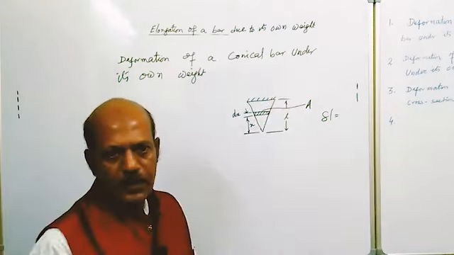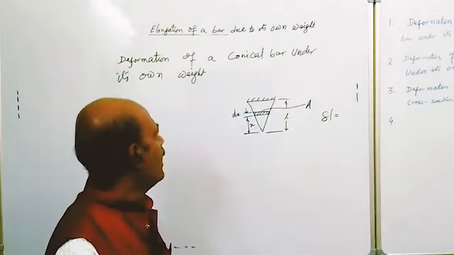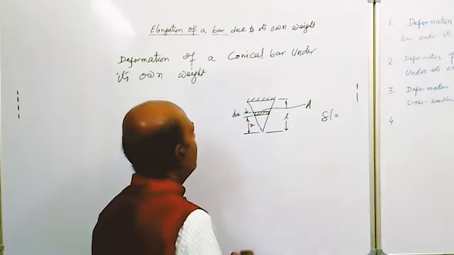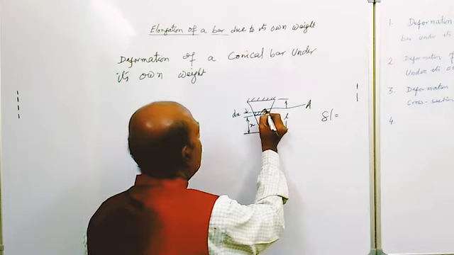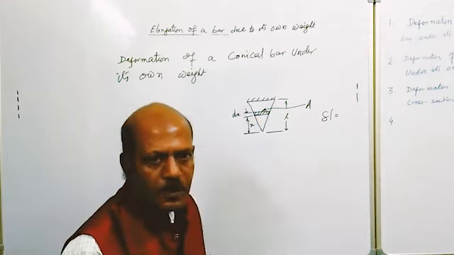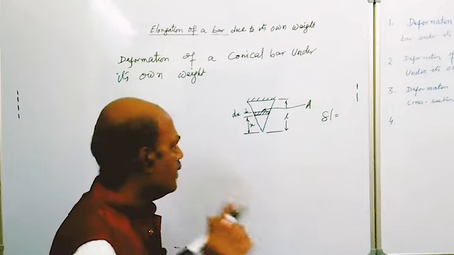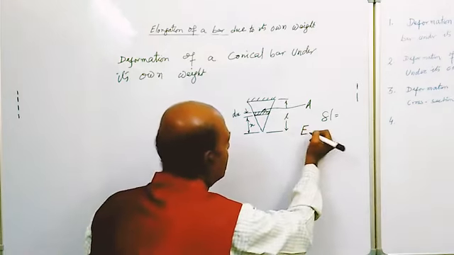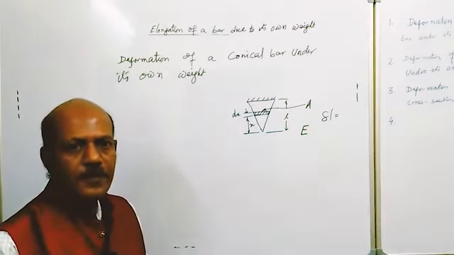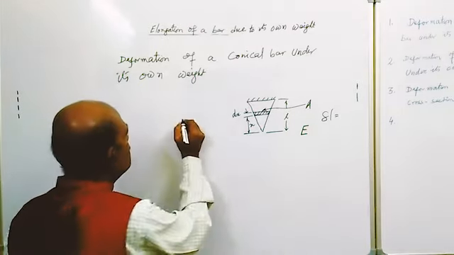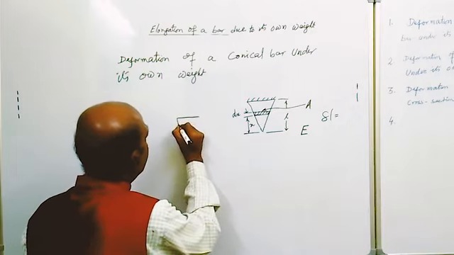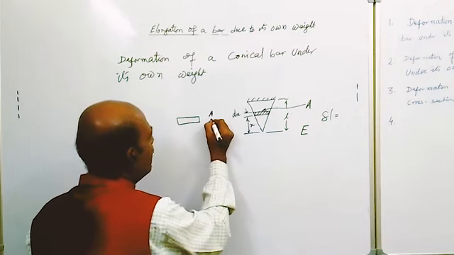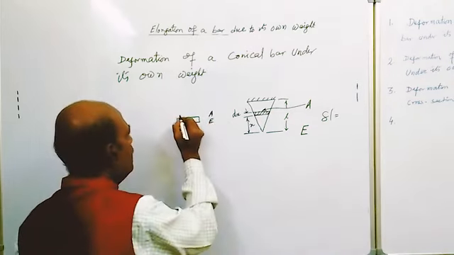Total length of the bar is given as L, and let the cross sectional area at this point be capital A, and the element is considered at a distance x from the bottom, whose thickness is delta x, and the Young modulus of elasticity of the bar material is E. So now I am drawing this element. So the elemental area is given as A, Young modulus of elasticity is E.